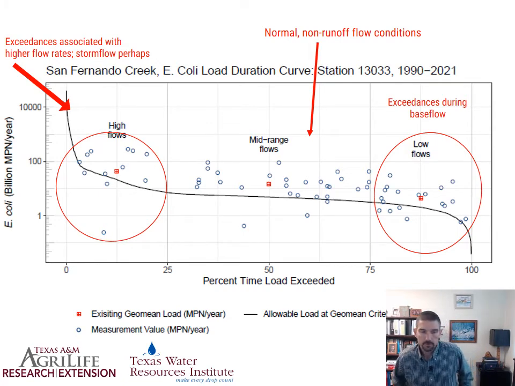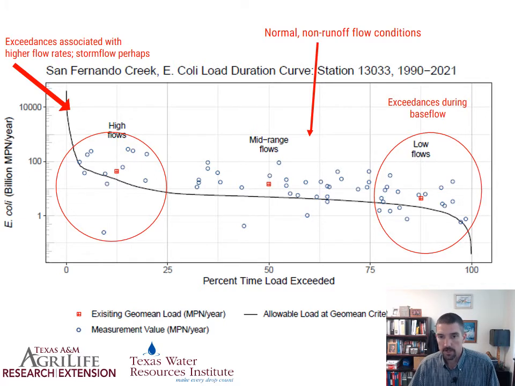So from a load target perspective, what we do is we aggregate the values by flow category. So just given the nature of the streams down here, we divided these into 3 different flow categories. We've got high flows, we've got mid-range flows in the middle, and then low flows on the right-hand side.